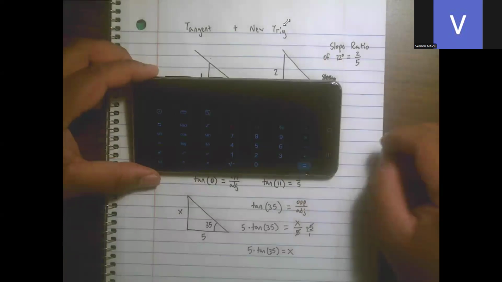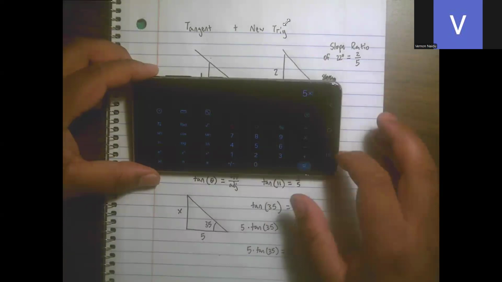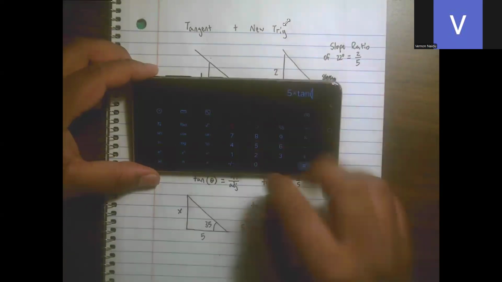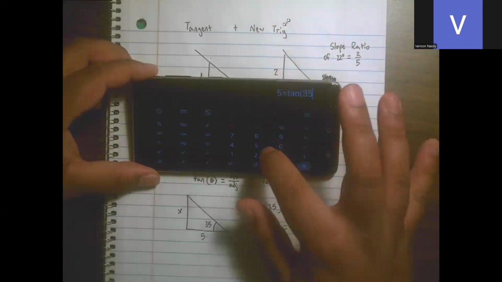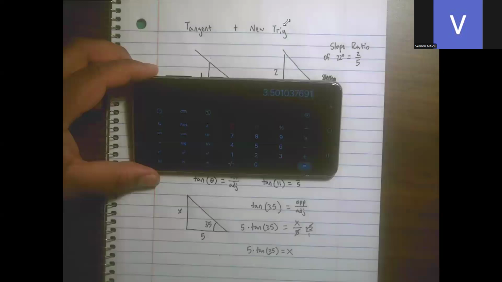Okay, so we would do 5 times the tangent of 35, right? And then that's going to give us a side of, so x ends up being 3.5, and we'll just keep it at that.